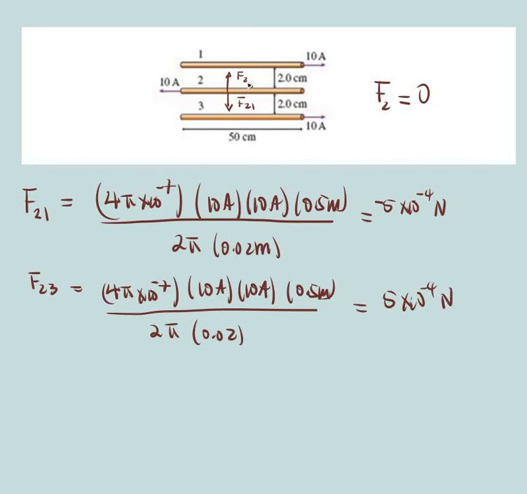But because this is F23, F2 due to 3, and they repel, it will go away from 3, so it's actually going to be positive. So F2 is F21 plus F23, which is negative 5 times 10 to the minus 4 newtons plus 5 times 10 to the minus 4 newtons, which equals 0.